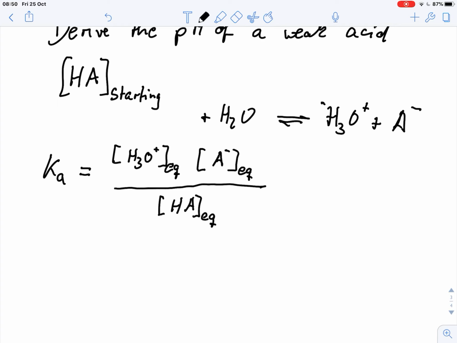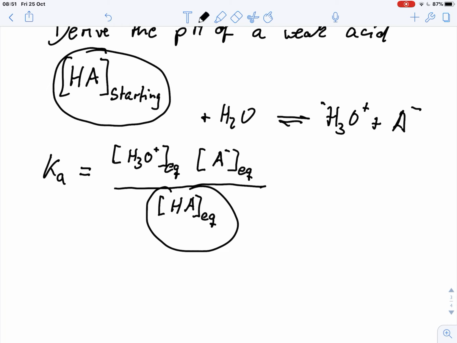Now note, the equilibrium acid concentration is not identical to the starting concentration because the acid has dissociated into H3O+ and A-. And from the stoichiometry of this equation, we can also say that for each molecule of proton, we get the same amount of base ions.